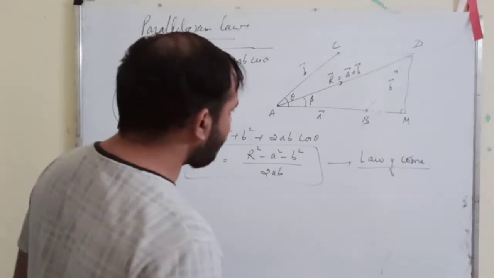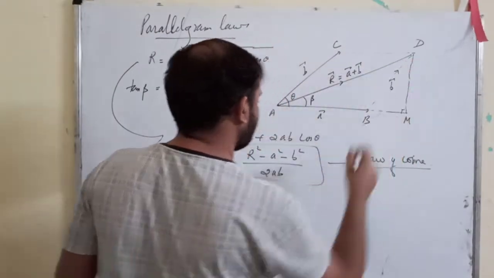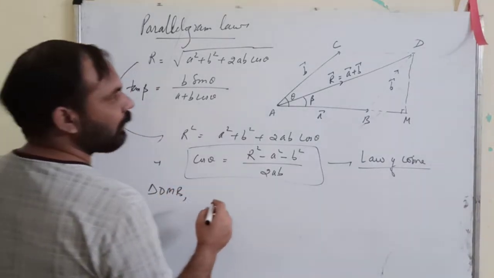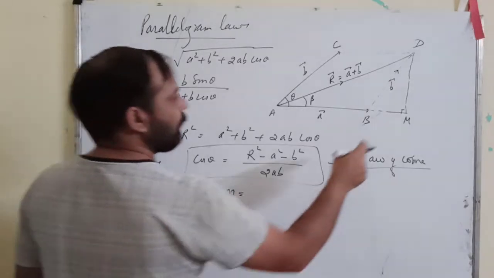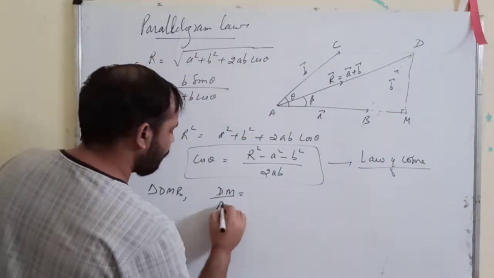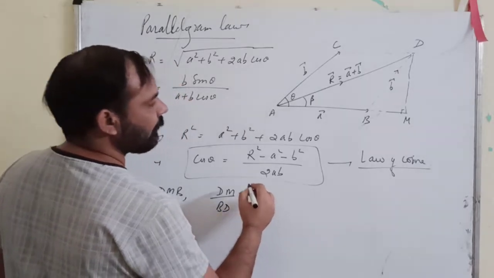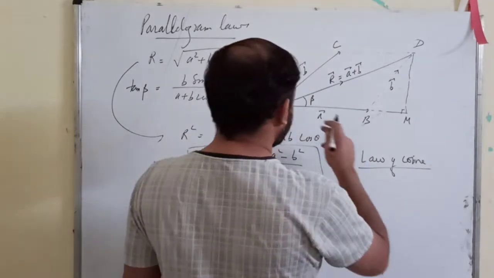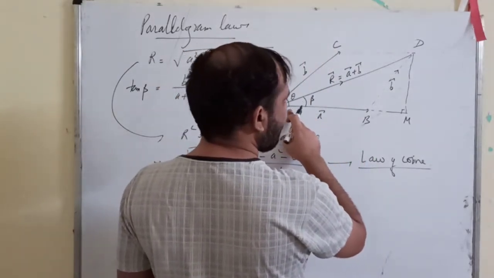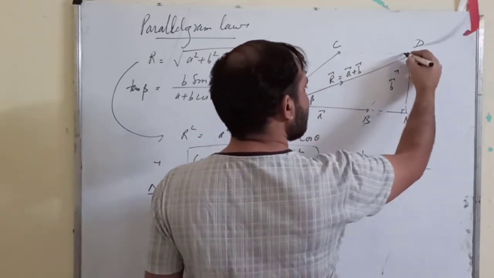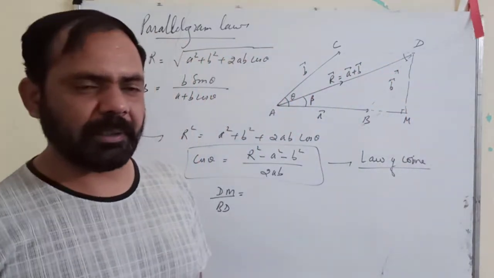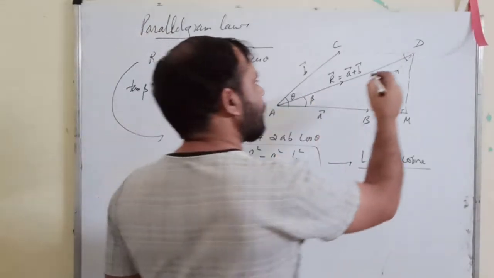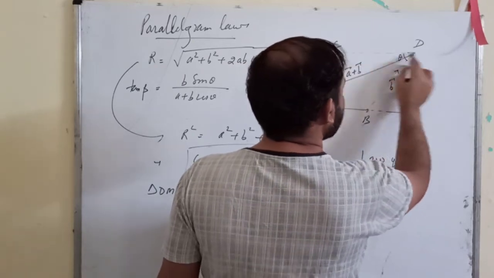Now in this triangle DMB, how much is DM? Suppose this angle is theta. How much will be this angle? It is theta, because opposite angles of a parallelogram are equal. And if this angle is theta, now this and this are parallel.